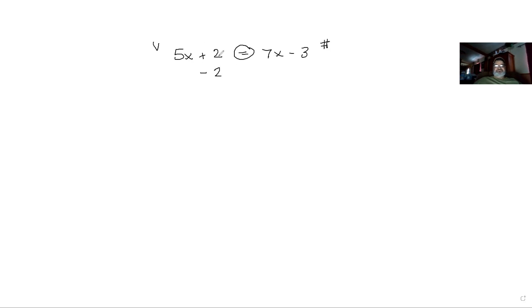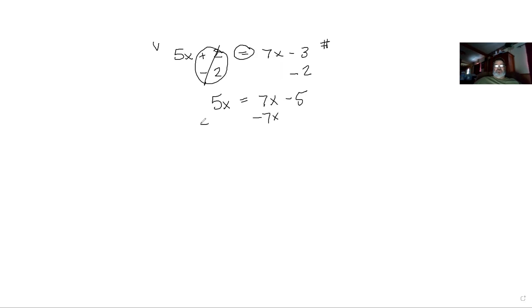So we're going to subtract that 2 over to the opposite side. Still negates. I have 5x equals 7x minus 5. So now the equal sign comes over here and starts checking IDs, and he says, okay, well, whoa, you got a variable. You belong over on this side.